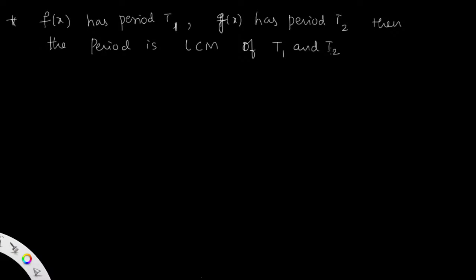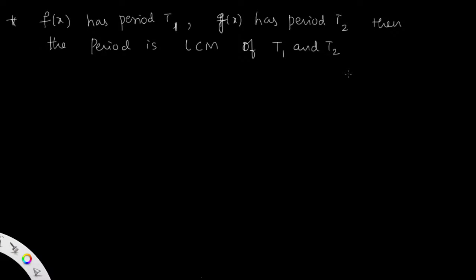The period is the LCM of t1 and t2. Now let us find the periodicity for a given function.